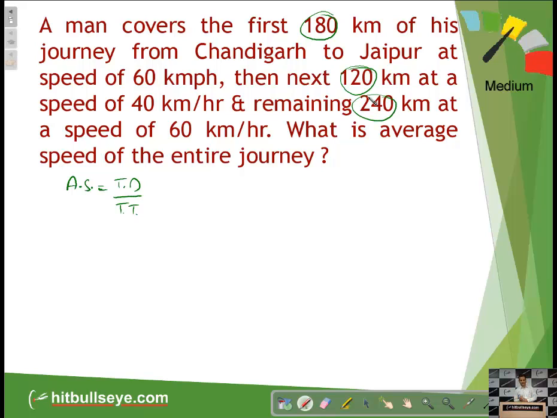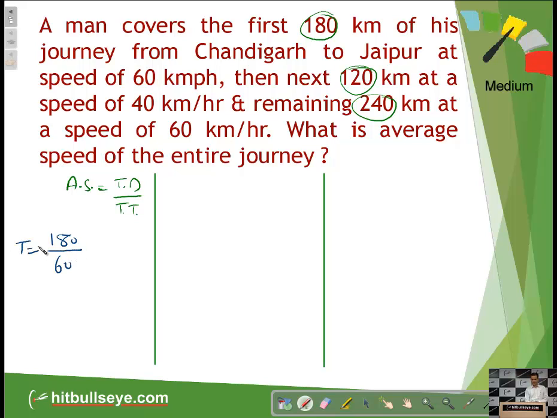Total distance is given and we have to find the total time. Speed is also given, so we can find total time. Now in first case, distance is 180 and speed is 60.